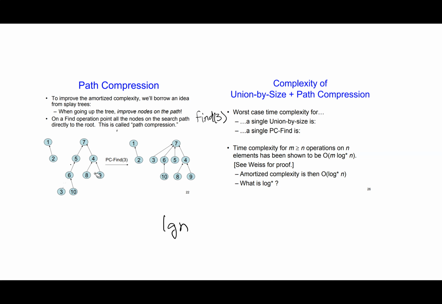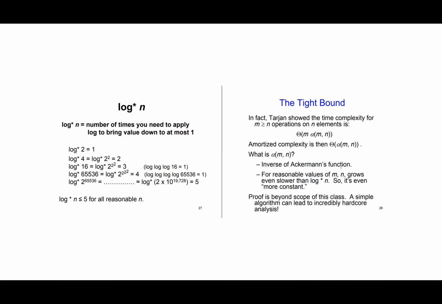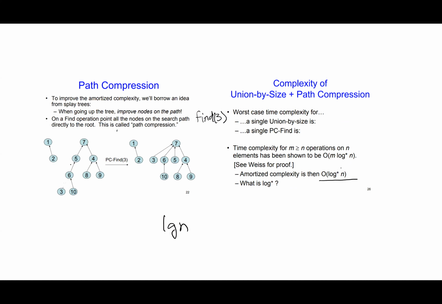But we cannot just say it will be order of 1. Rather, what we say is the complexity of find is going to be order of log star n. So what is log star? Log star n is a time complexity which is almost order of 1.